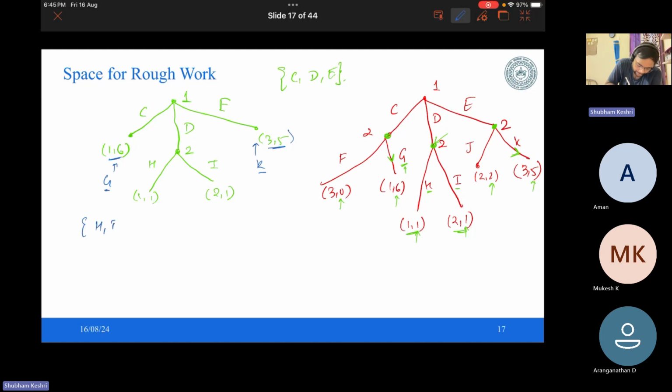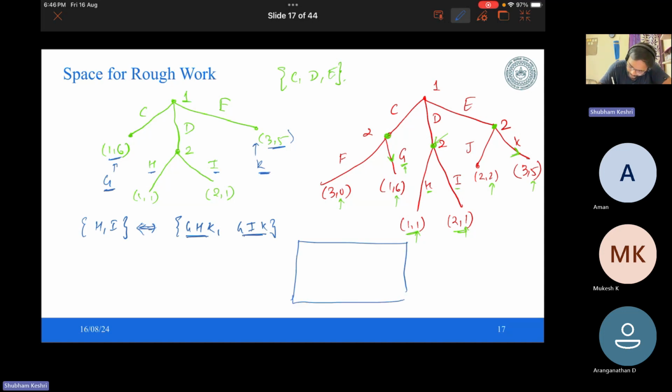So it will be H or I, or you can write it in another way as GHK and GIK. Both are okay. There is no ambiguity at the other nodes: here it is G, here it is K, and only here is it H or I. So in the whole game he can either play GHK, or he can play GIK. Now you can draw the table for this game.